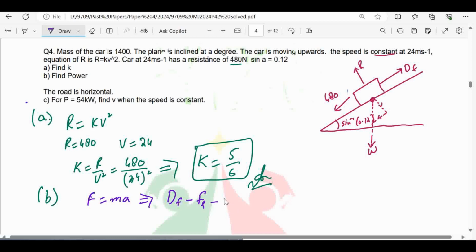Weight is W sine of alpha, W sine of alpha, and is equal to 0 because acceleration is 0, as there is a constant velocity, which means acceleration is 0.